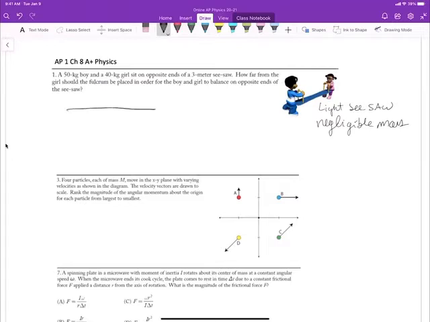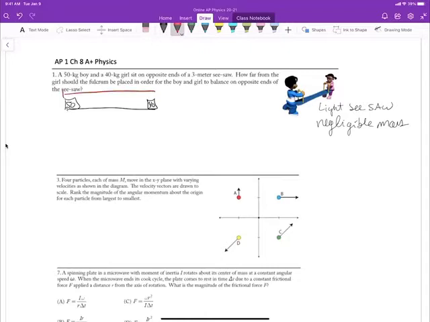Here's the seesaw. Here's the boy. Here is the girl. They're both on the end. The total distance is 3 meters. Okay, actually, I don't want to put it on the bottom.